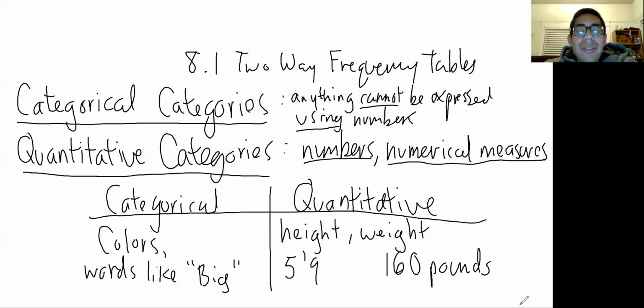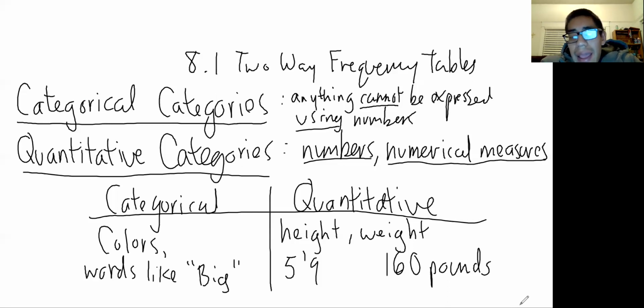Words that are non-descriptive, like big or small, yeah, I guess I could be referring to a number, but in reality, big can mean a bunch of different things in different contexts, right? So that would be more categorical. It wouldn't be quantitative because, for example, in terms of weight, big could be referring to anything more than 200 pounds.